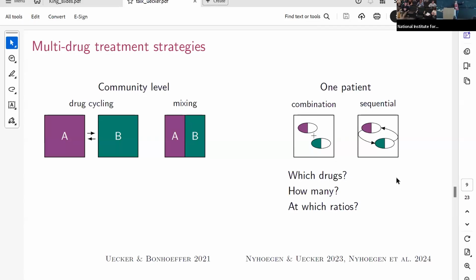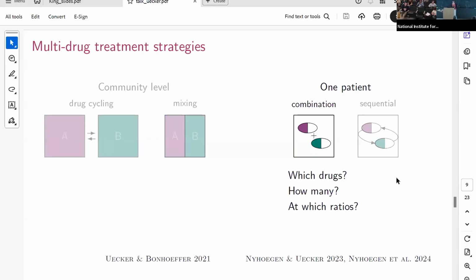Or mixing, where a fraction of people receive drug A and the other patients receive drug B. There are also multi-drug treatment strategies within a patient, and the most straightforward is, of course, combination therapy, where one gives 2 or more drugs simultaneously, or one could also cycle drugs during treatment of an individual patient.